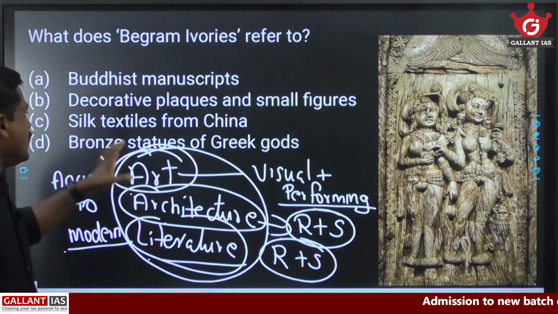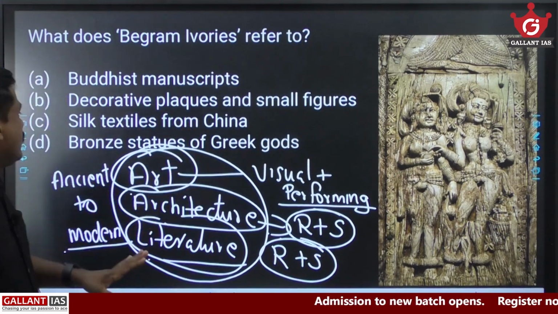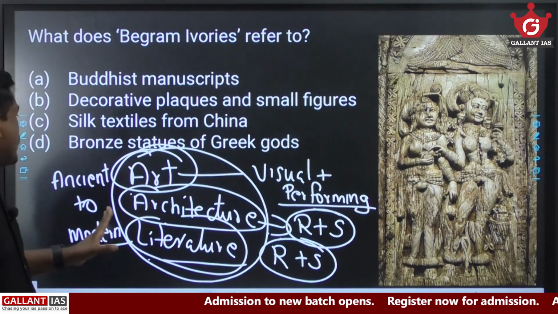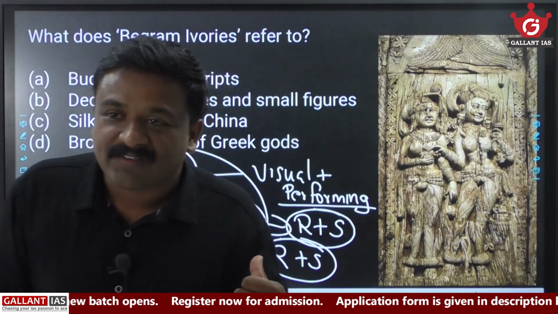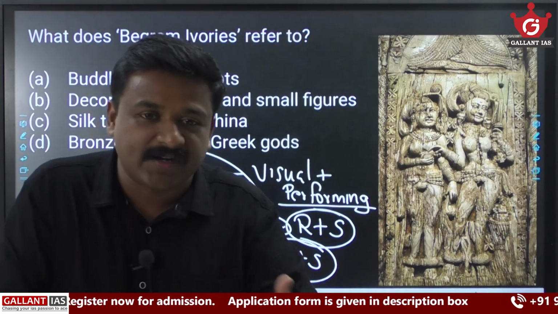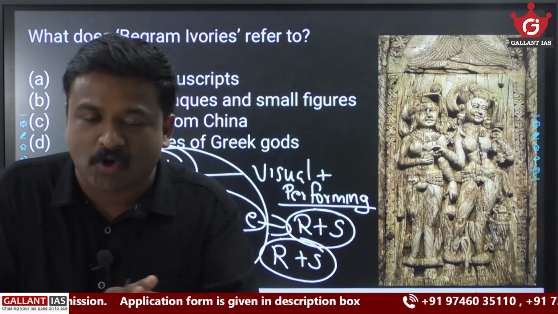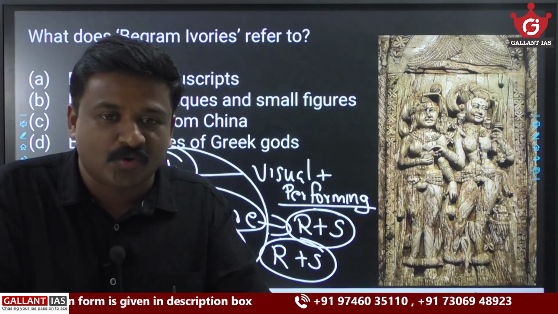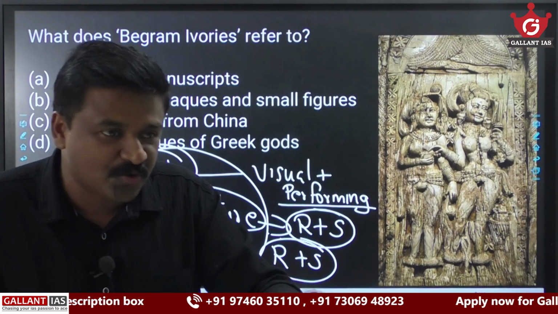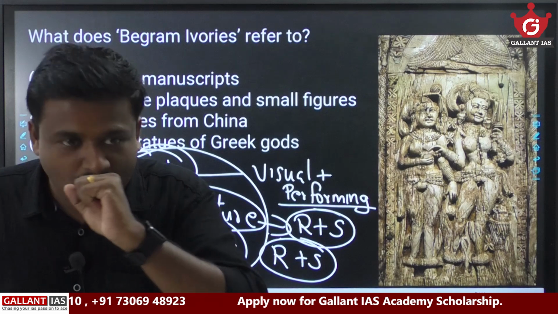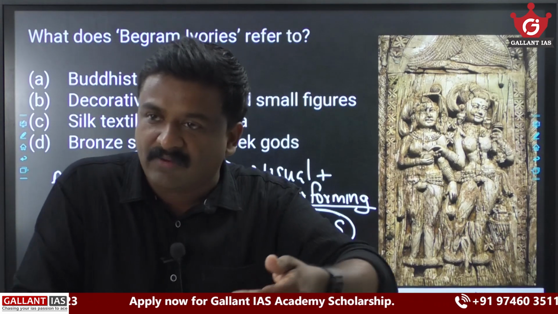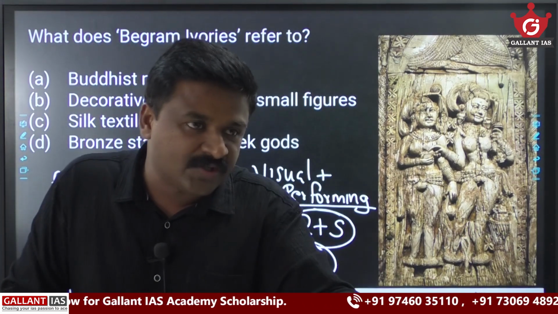The options are Buddhist manuscripts, decorative plaques and small figures, skilled textiles from China, bronze statues of Greek gods. It was recently in the news, this smuggling and stolen artifacts being returned to their original countries. We have seen many things returned to India from USA. Many things are returned to Afghanistan from other countries.